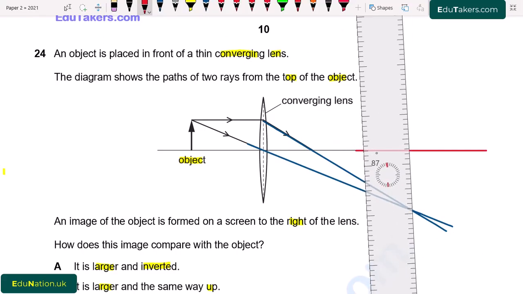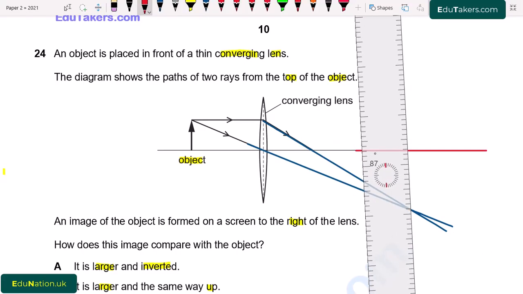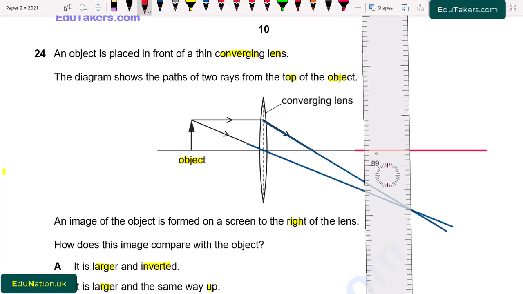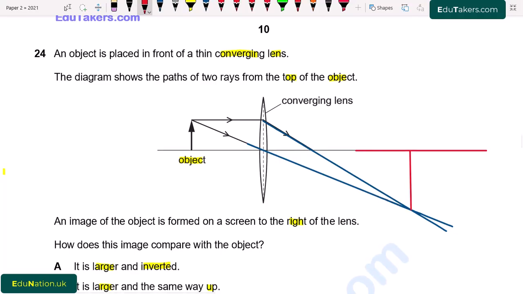So this is the point where the image is formed. So this is our image. Now we can compare the size of the object with the size of the image.